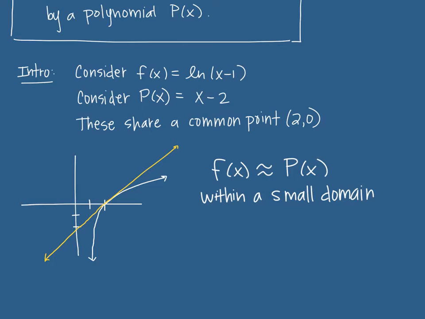How do you widen the domain that those two things match up for? What do you have to make your polynomial? Right now my polynomial is linear. I have to make my polynomial curved, and it's got to match not only the slope, but what else? The concavity. I want to match the slope and the concavity.